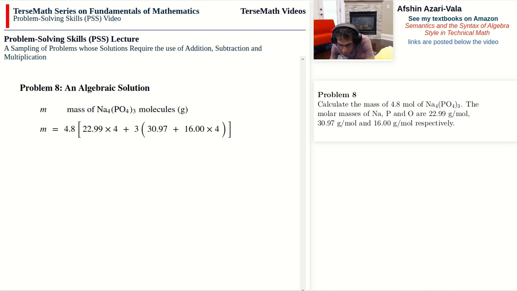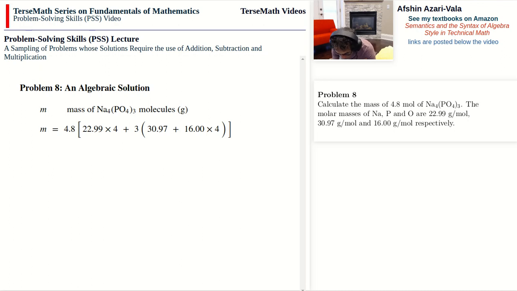Now, if I don't follow these conventions, then what will happen is that it gets a bit annoying to try to decode the expression. So let me show you what I mean. Suppose I didn't use different shapes like square brackets and round brackets, and suppose that I used the same size brackets.